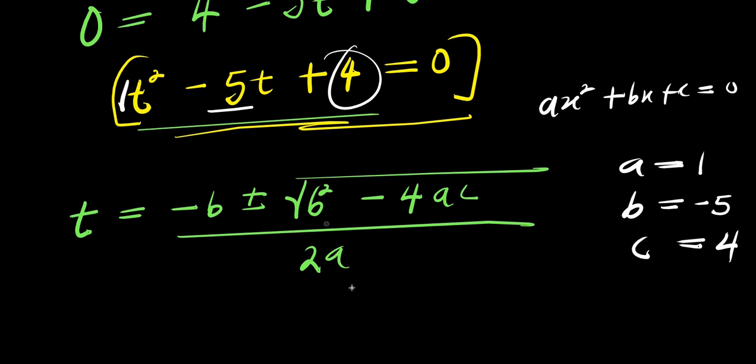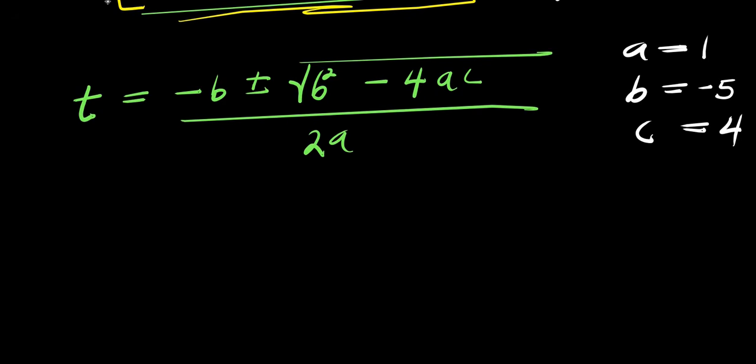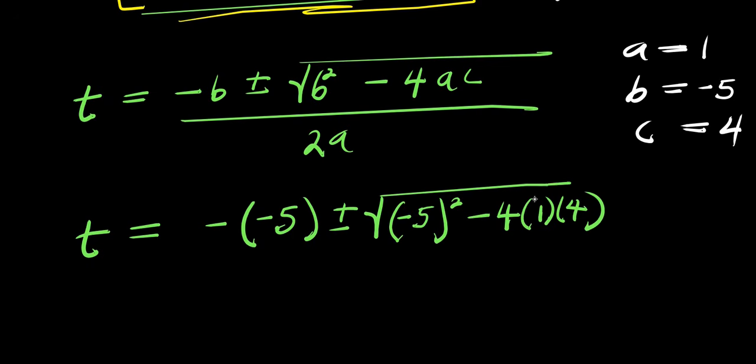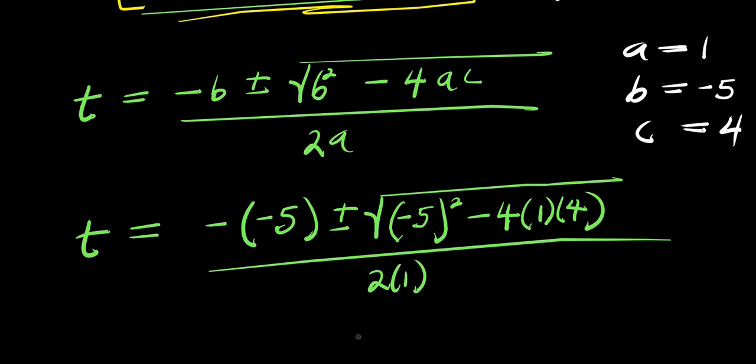So substituting it right here into this quadratic formula, we have t equals negative b, negative times negative 5, plus or minus square root of b squared, negative 5 to the power of 2, minus 4 times 1 times 4, divided by 2 times 1.